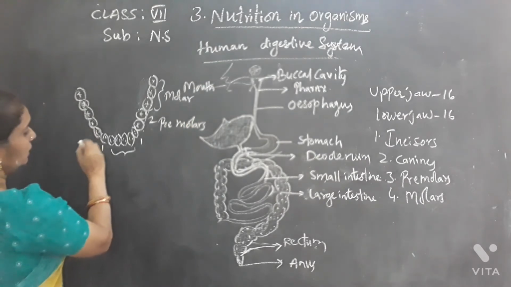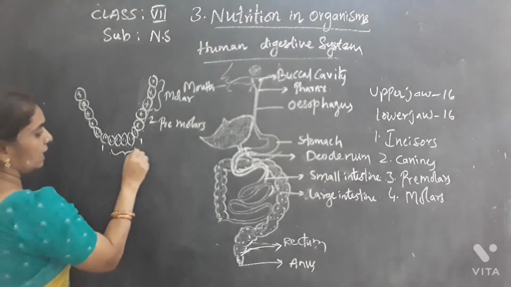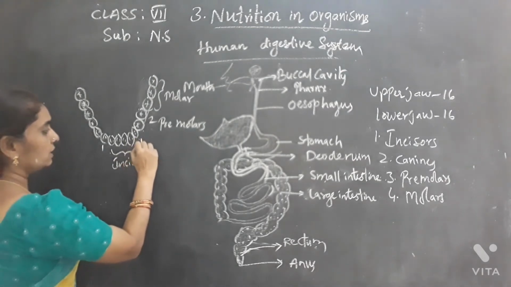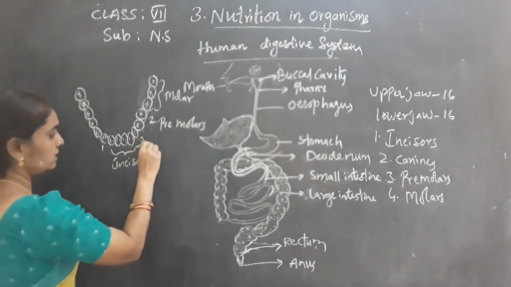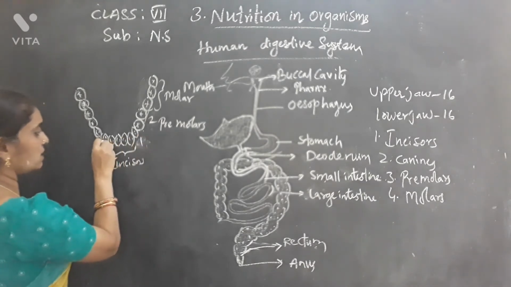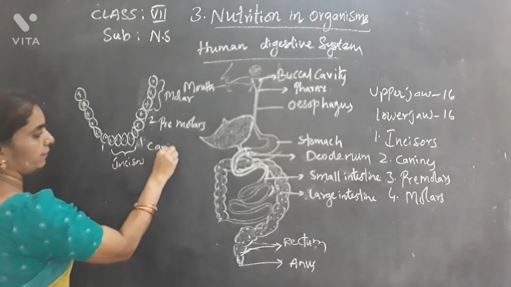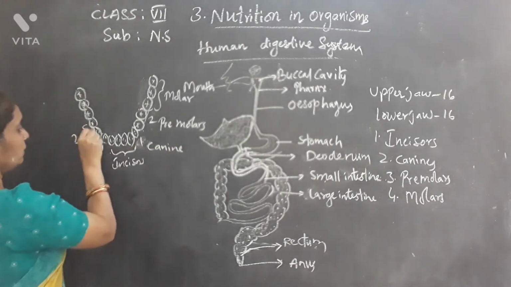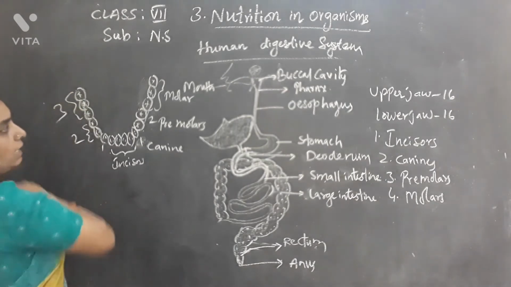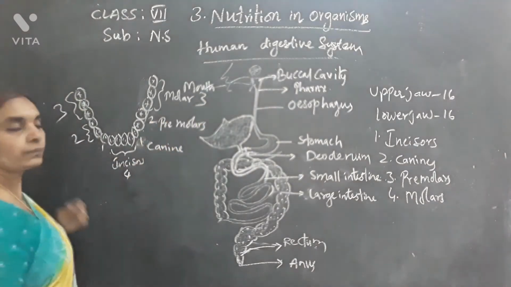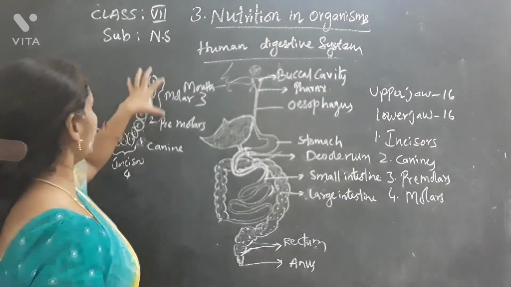These are incisors, 4 in number. These 2 are canines, this one and this one. These 2 are premolars and these 3 are molars. So this is the arrangement of teeth.